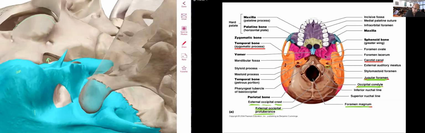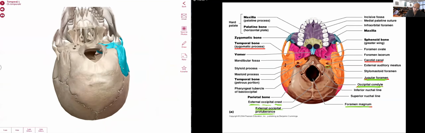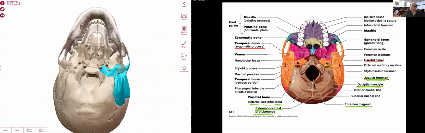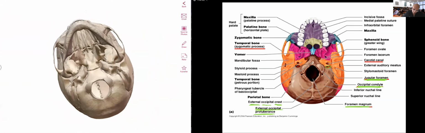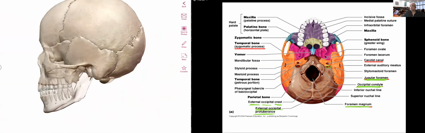This is going to be the site for the conduction of vessels out of the cranial cavity, to be conducted to the heart. Again, what do we call this foramen? This is my jugular foramen. Questions?